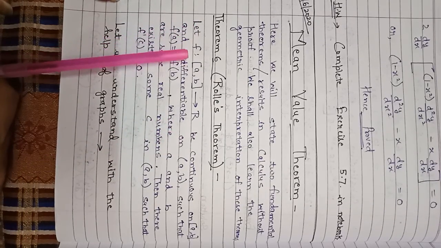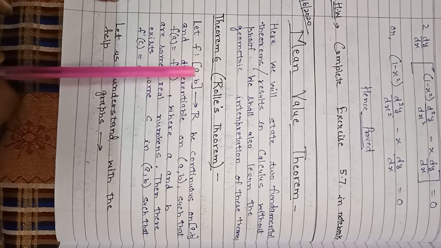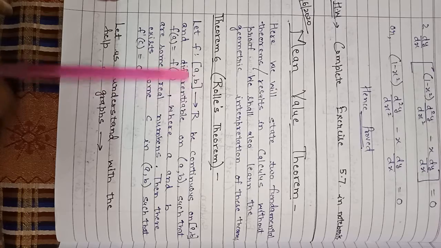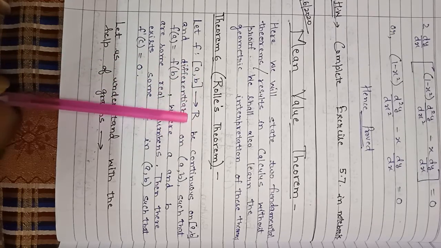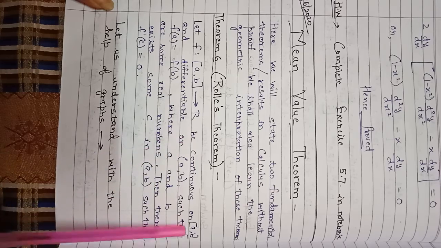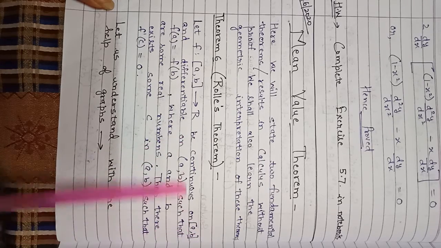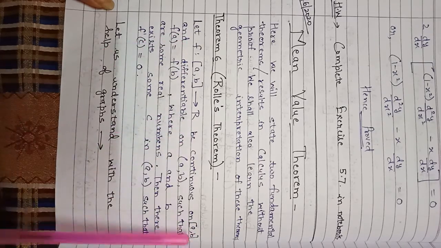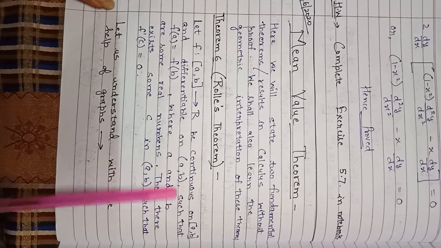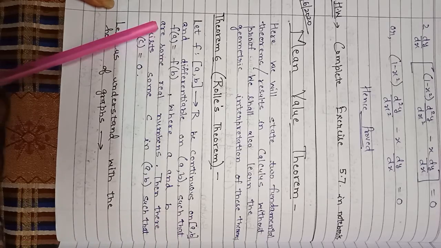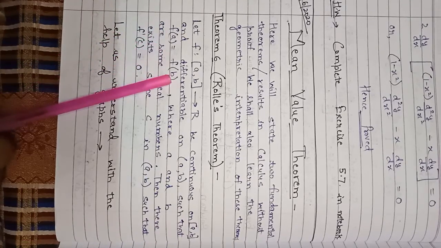Let f be a function from the closed interval [a, b] to R, meaning both these numbers are real numbers. Let this function be continuous on [a, b], the closed interval, and differentiable on the open interval (a, b), such that f(a) equals f(b).